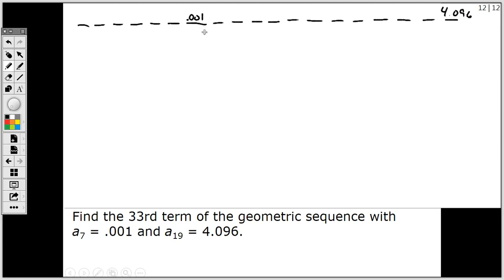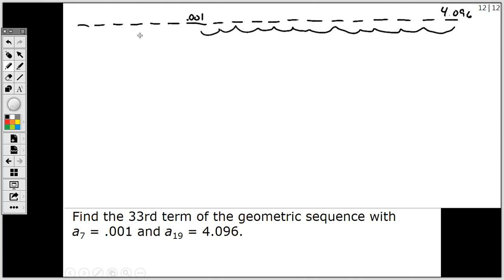Well, if I'm going from 7 to 19, 1, 2, 3, 4, 5, 6, 7, 8, 9, 10, 11, 12. So we can look at the subscripts, right? To go from 7 to 19, I'm multiplying 12 times to get to that term.